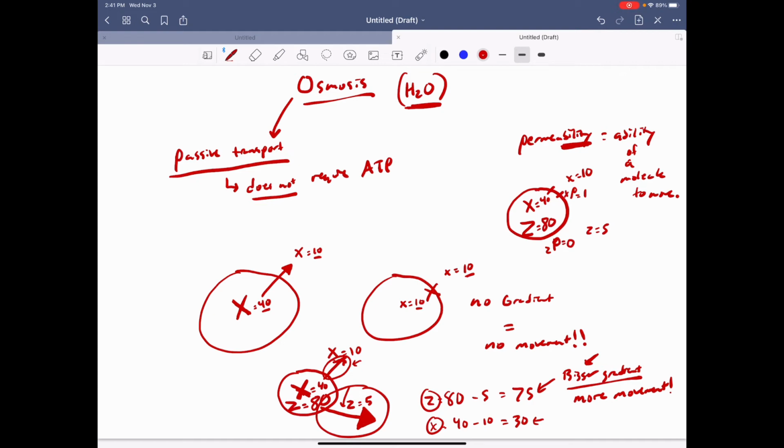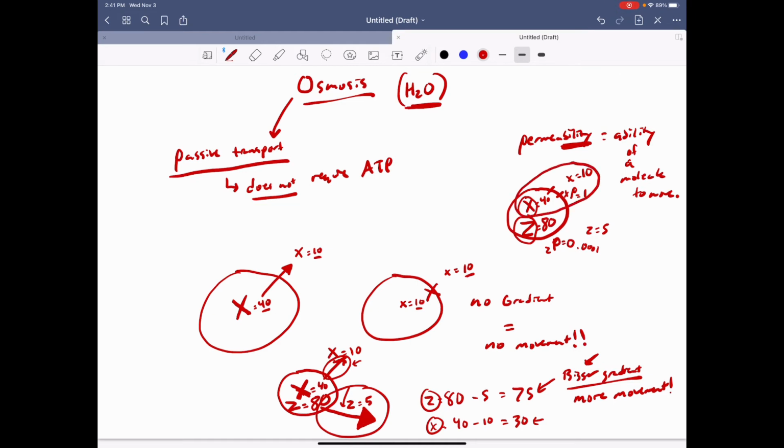That'll be X permeability, okay? Or let's just say it's 0.0001, okay? What's going to have more movement? Is it going to be molecule X or molecule Z? It's going to be molecule X, okay?